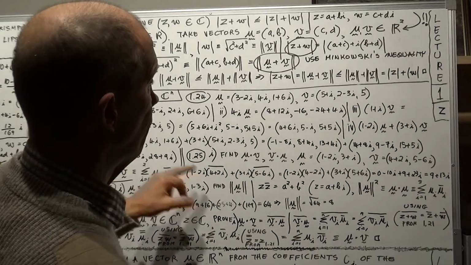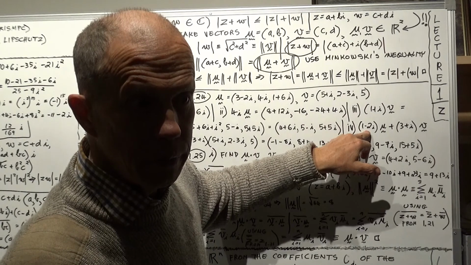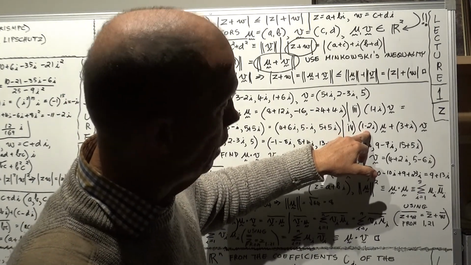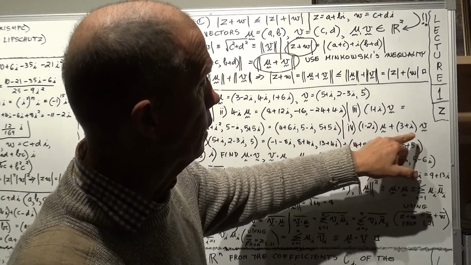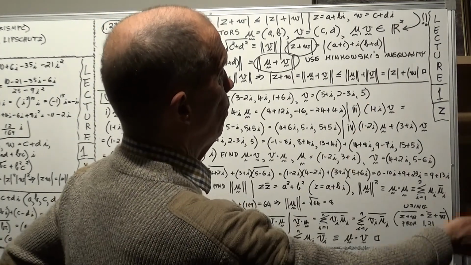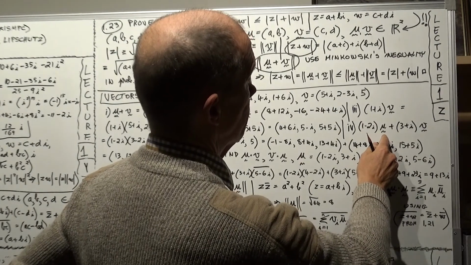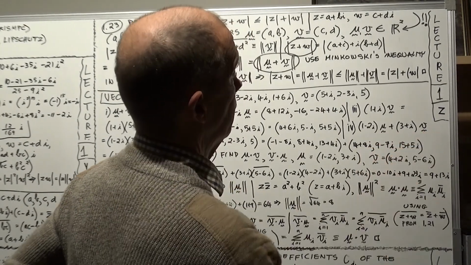Alright, there it is. Now we're doing a linear combination of complex vectors, u and v complex vectors. So a linear combination, so a complex number times the vector plus a complex number times another vector.